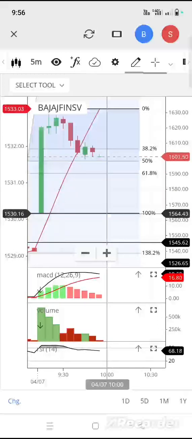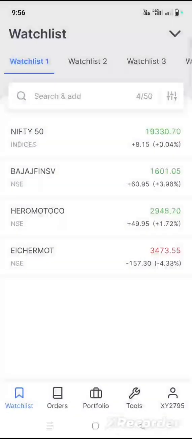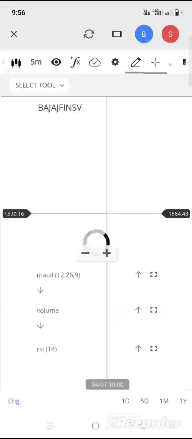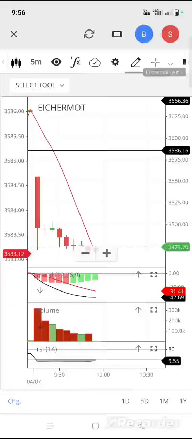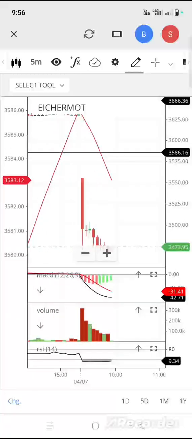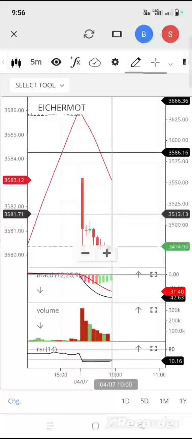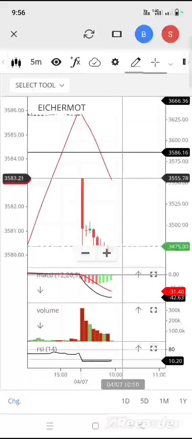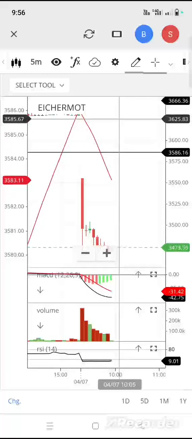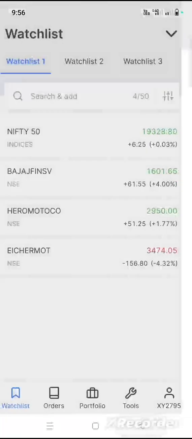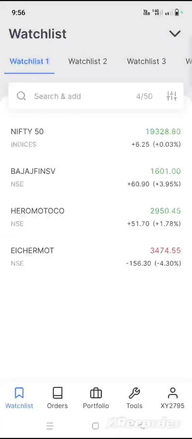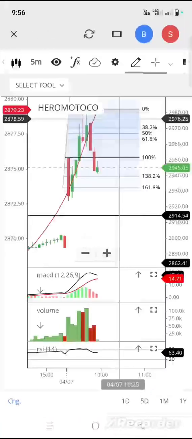It will take time to come, so meanwhile we'll check other stocks. Hero Motors. We'll check whether there is any potential opportunity to go for long. So it also takes time to come here to here, and once it breaks, we can go for the long. So meanwhile, Hero Motors.